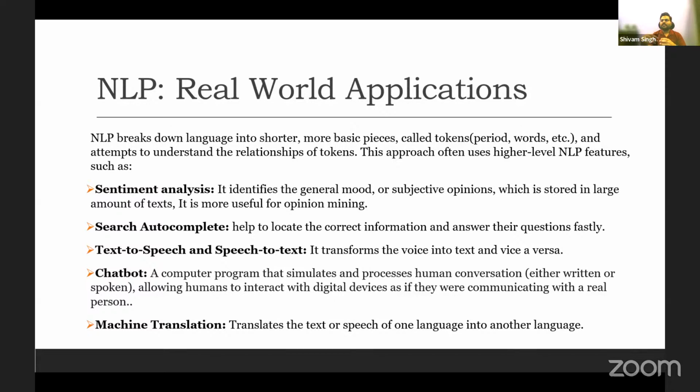Similarly, whenever you are typing any message or mail to someone, it starts giving you suggestions that maybe the next word you want to type is this. Even WhatsApp gives you suggestions for the next word. That is what we call search autocomplete.